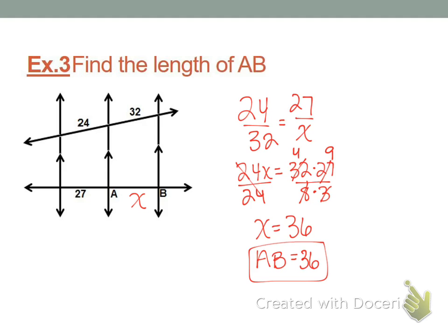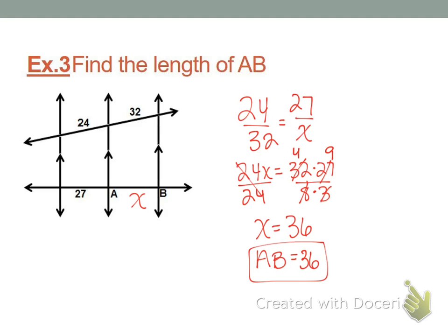Smaller, okay, less than. 24 is smaller than 32. So we would expect 27 to be smaller than whatever we get for AB. Does this make sense? Okay, so if we had gotten something like, I don't know, 20 for x, we should be able to see right away that doesn't seem right. So you can do a little self-check. Like 36 is bigger than 27. Okay, that seems reasonable.